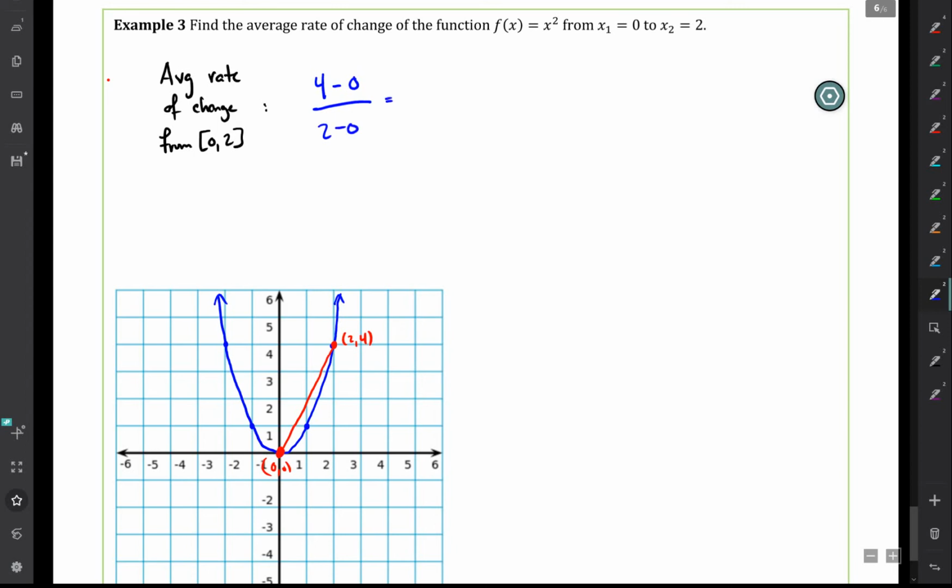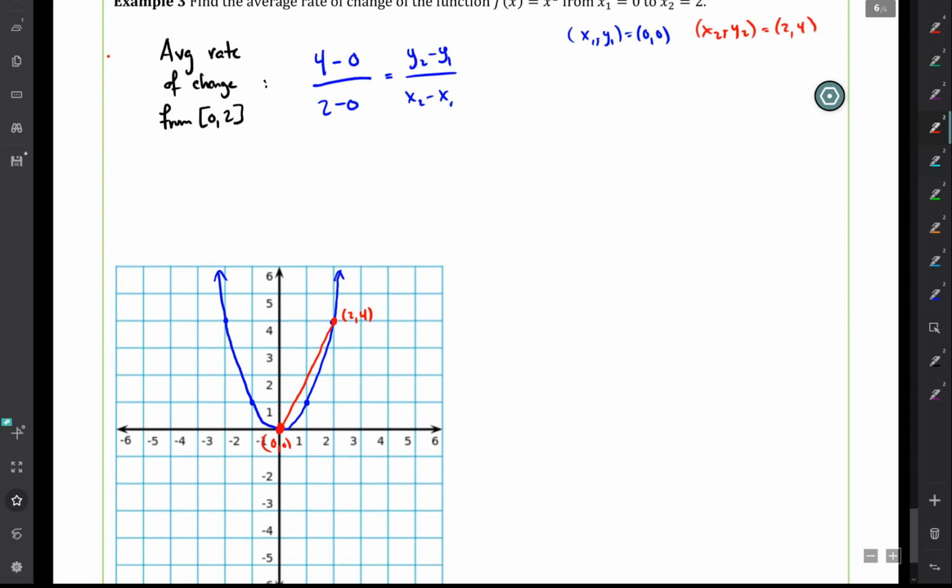And again, that's y2 minus y1 over x2 minus x1, where x1 is 0, so y1 is 0, (0, 0). And x2 is 2, so y2 is 2 squared, which is 4. Okay, so we get an average slope of 2 here. 4 over 2 is 2.